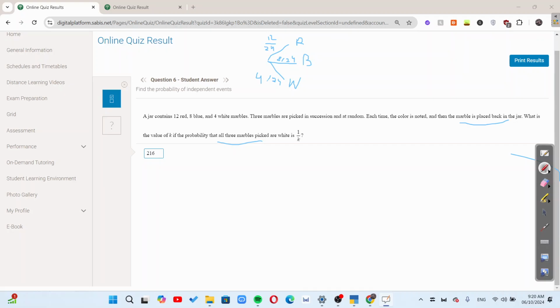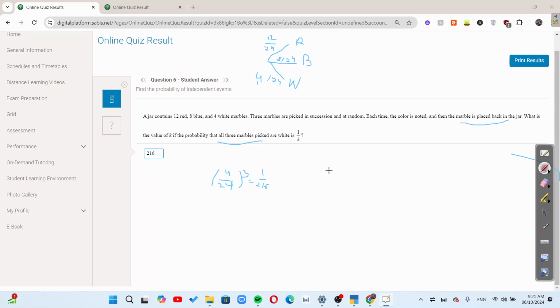Now you want the probability that all 3 marbles picked are white. So you just take this probability, which is 4 over 24, and you cube it, because you picked out 3 times. You get 1 over 216 when you do it. Yeah, that's it for this question.